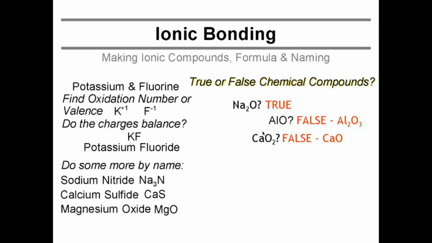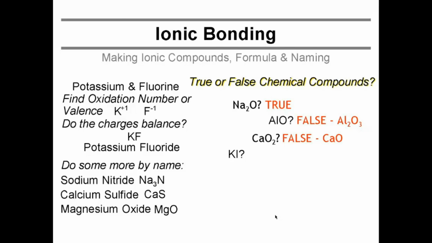Calcium has a +2 charge, oxygen -2, so you need only 1 oxygen to stick together with 1 calcium, so CaO would be the correct answer. Here's KI. KI, is that a correct compound or something that doesn't quite work?